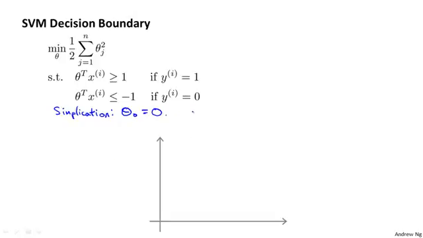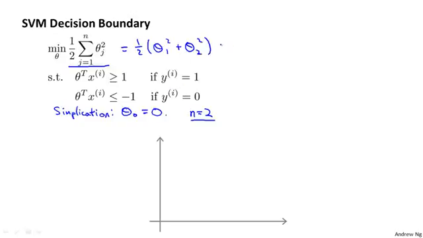To make things easy to plot, I'm also going to set n, the number of features, to be equal to 2. So we have only two features, x1 and x2. Now let's look at the optimization objective of the SVM. When we have only two features, when n is equal to 2, this can be written as 1/2 of theta 1 squared plus theta 2 squared, because we only have two parameters, theta 1 and theta 2.